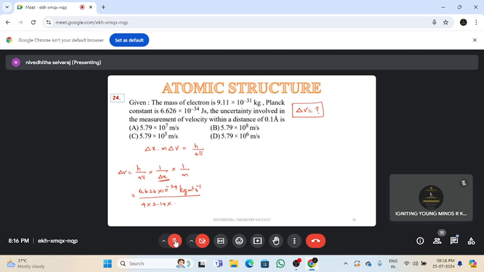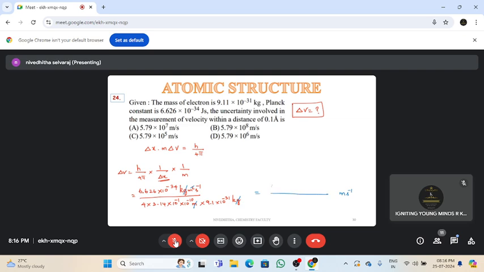So 0.1 can be written as 10 power minus 1 and angstrom can be written as 10 power minus 10 meter. And what is the mass? Which is 9.1 into 10 power minus 31 kilogram. So this kilogram and kilogram will get cancelled out. 1 meter and this 1 meter will get cancelled out. So we'll get the unit in meter per second.